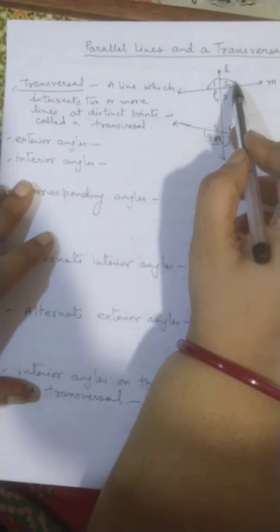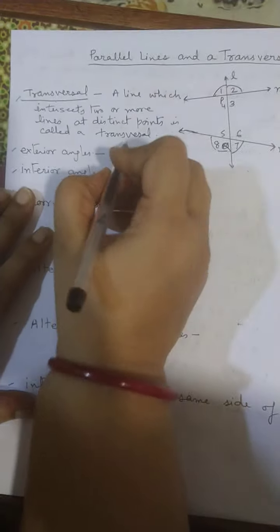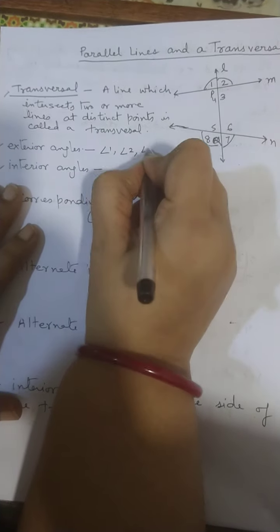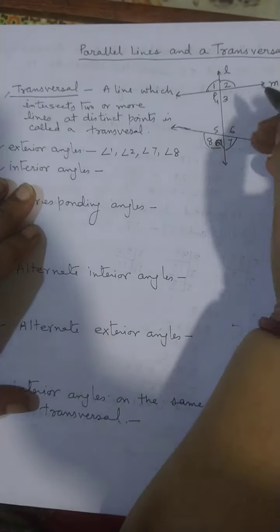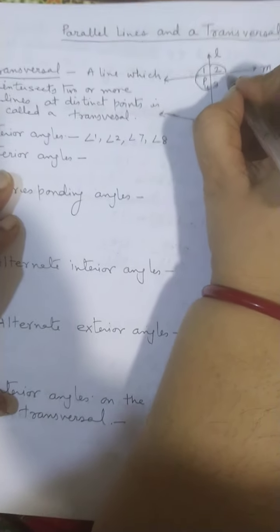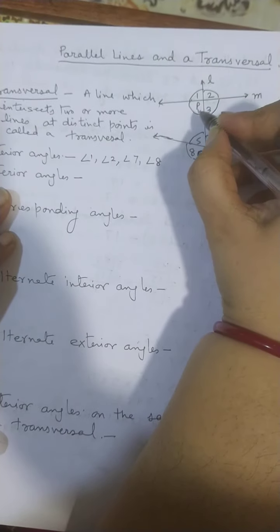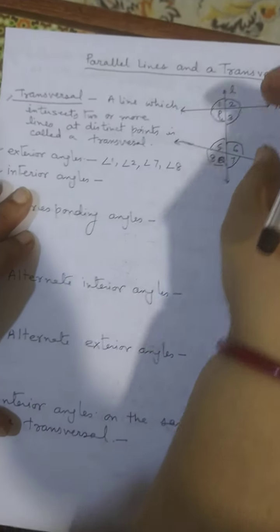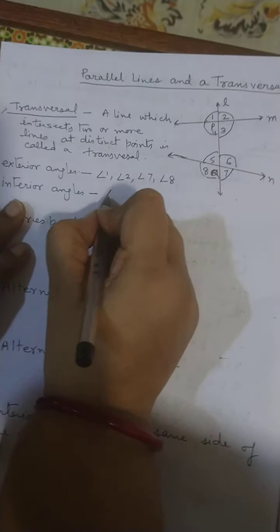Angles 1, 2, 7, 8 are called exterior angles. And the angles which are inside these two lines, like 3, 4, 5 and 6, are called interior angles.